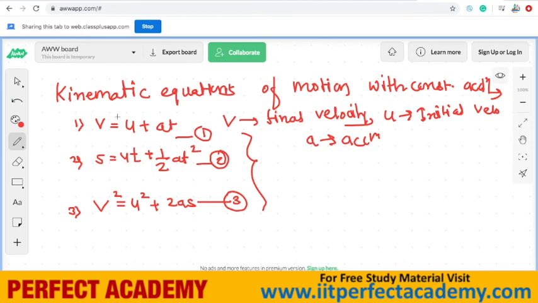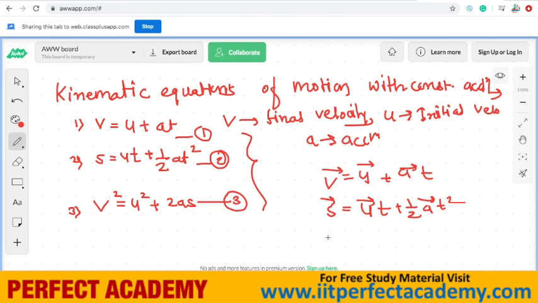Now if I want to write it in vector format, I can say v bar = u bar + a bar t. Again, s bar or r bar in that case is u bar t + half a bar t square, and v bar square = u bar square + 2 a bar s bar.